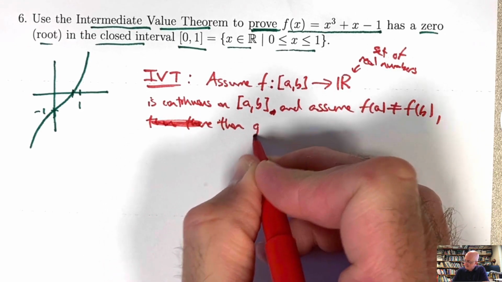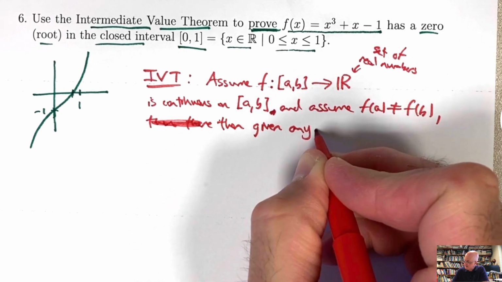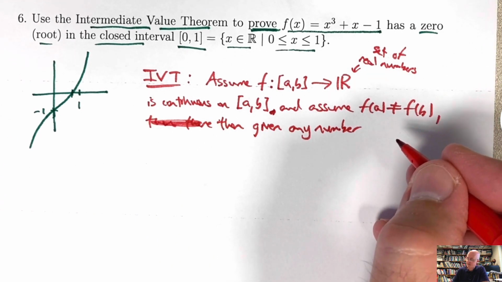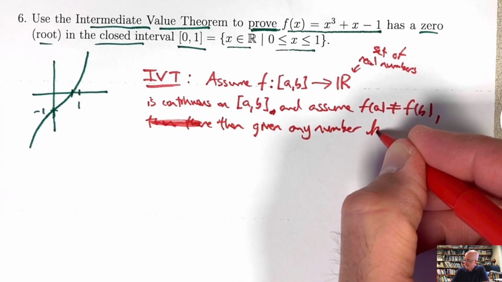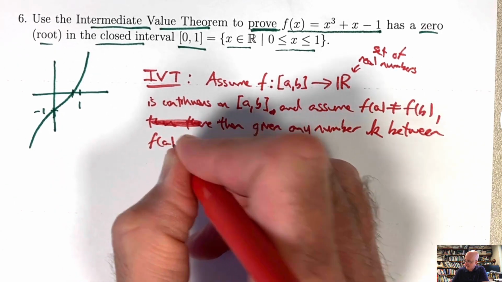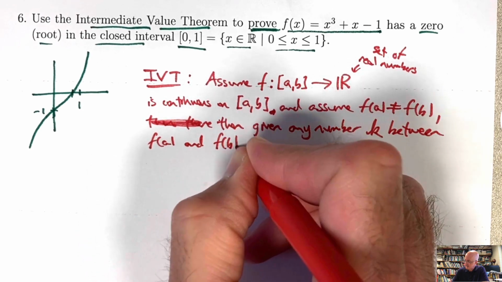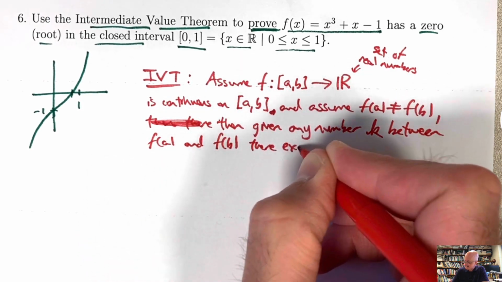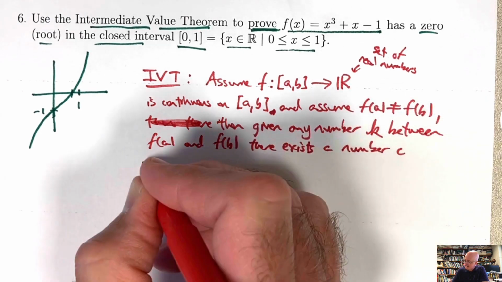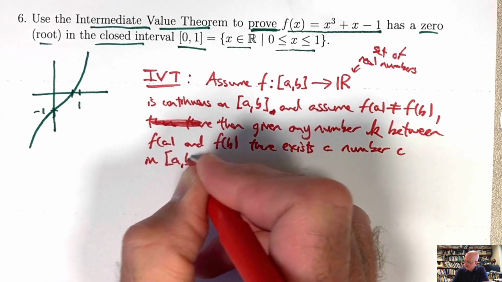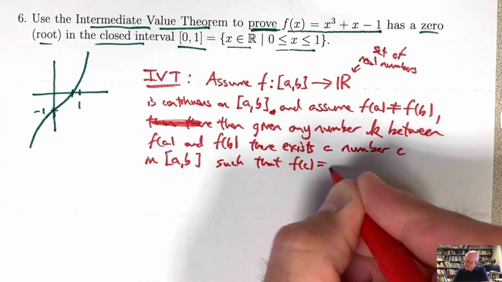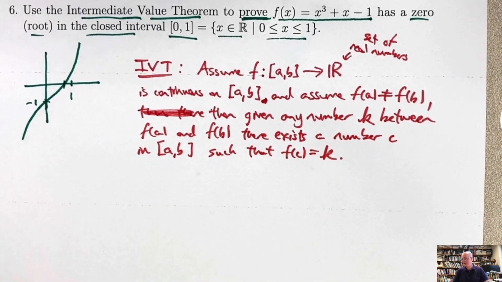Then, given any number k between f of a and f of b, such as 0 if f of a and f of b have different signs, there exists a number c in the interval from a to b such that f of c equals k. Yikes, that's a mouthful. What's going on here?